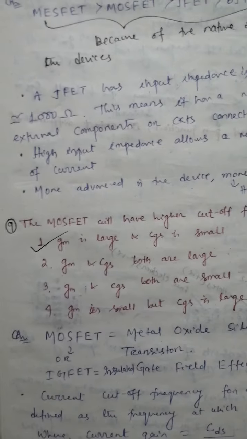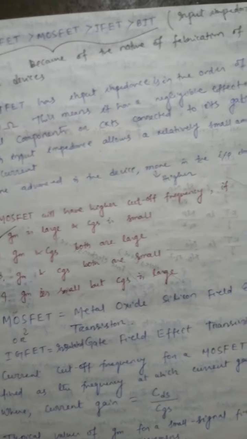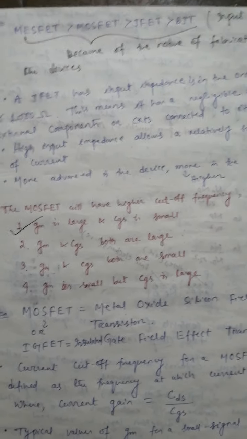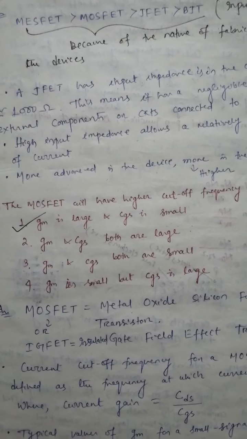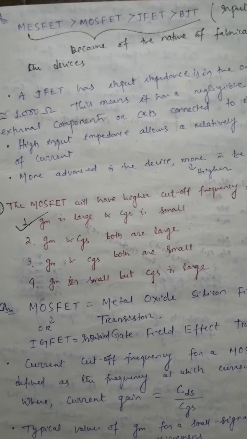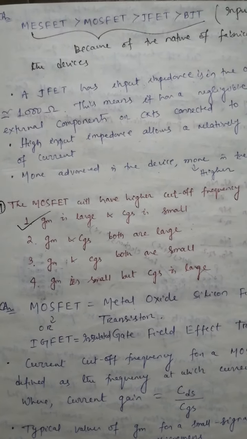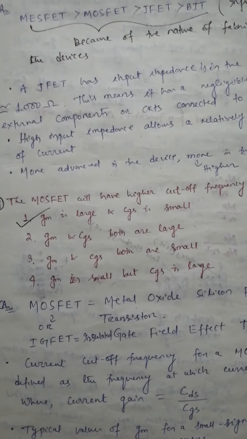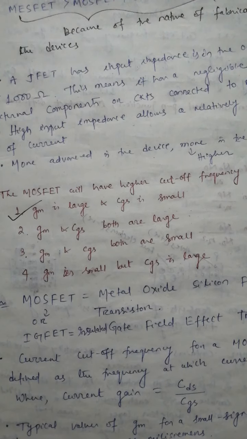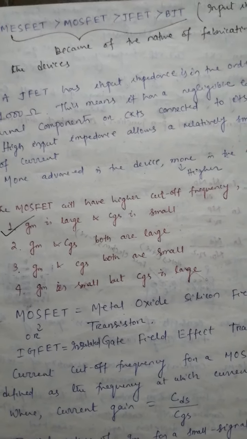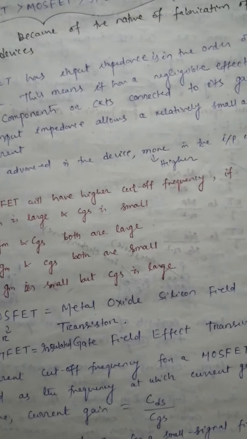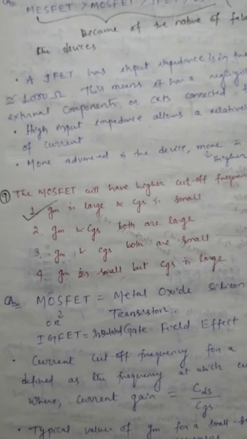Now I will analyze the answer. In terms of input impedances we can write MESFET greater than MOSFET greater than JFET greater than BJT. That means MESFET has the highest input impedance. This is because of the nature of fabrication of the devices.